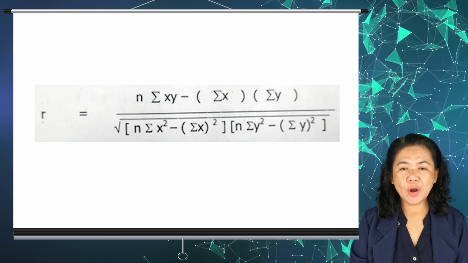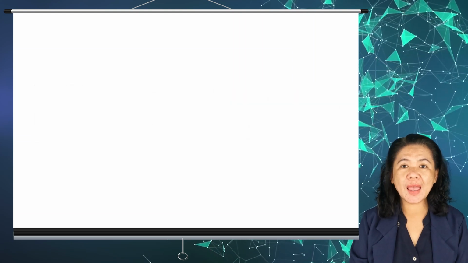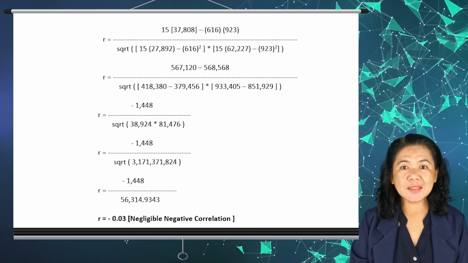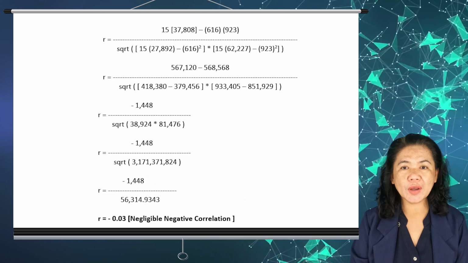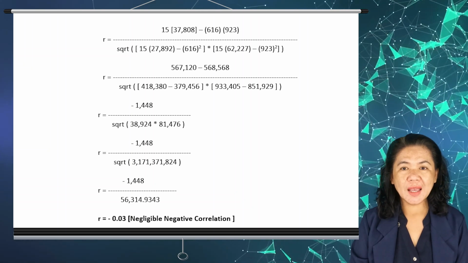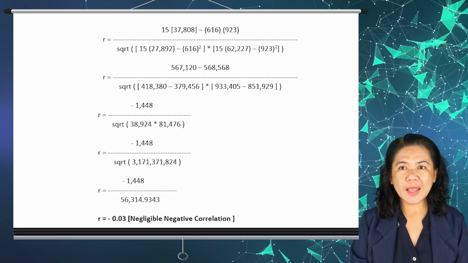Then, we are going to compute the r. In this particular case, r is equal to negative 0.03, which means negligible negative correlation.